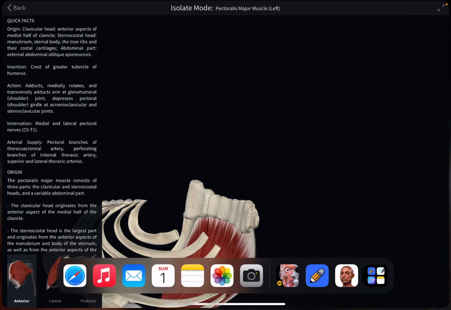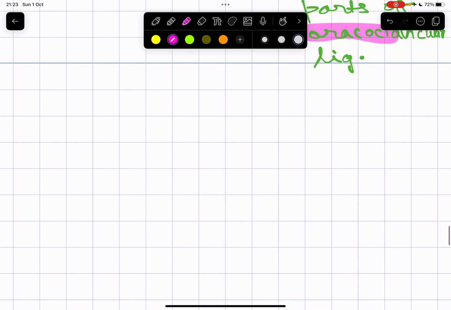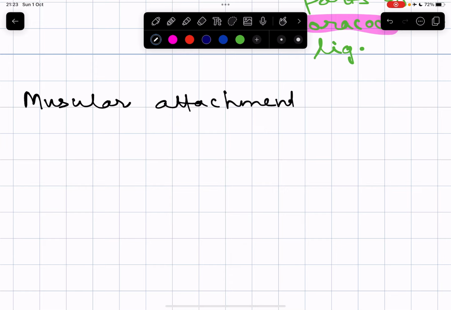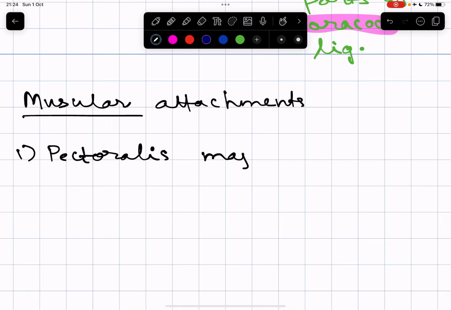Okay, so let me put this in words here. Next, the heading we are going to discuss is muscular attachments. Any bone you take is going to be attached to various muscles. So what are the muscular attachments of the clavicle? One muscle is the pectoralis major. Where is it attached? The pectoralis major takes its origin. This is also important, you have to mention whether it is origin or insertion.